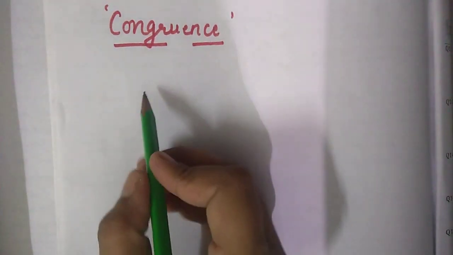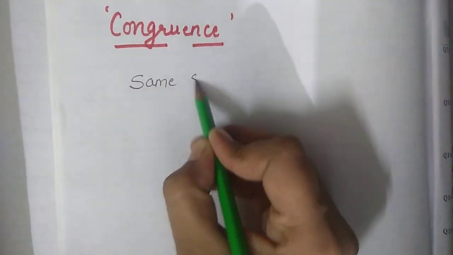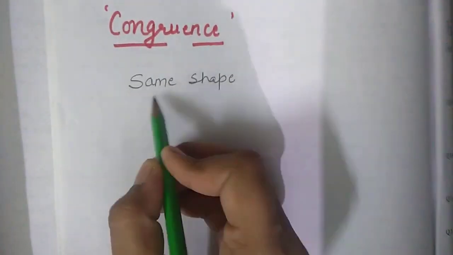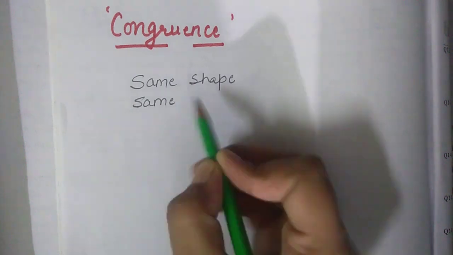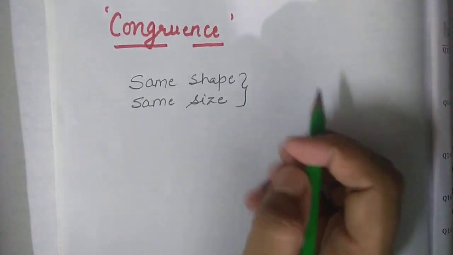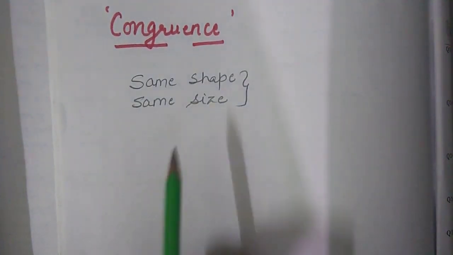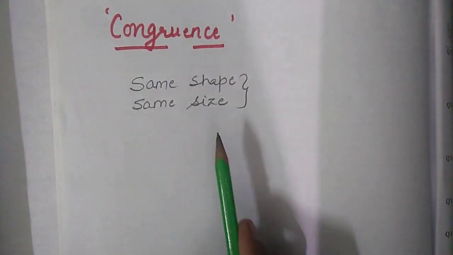Congruent is the geometrical idea that tells the objects having same shape and same size.